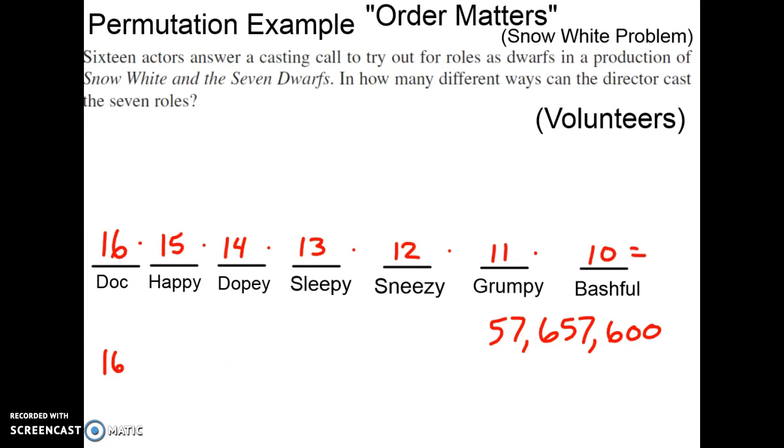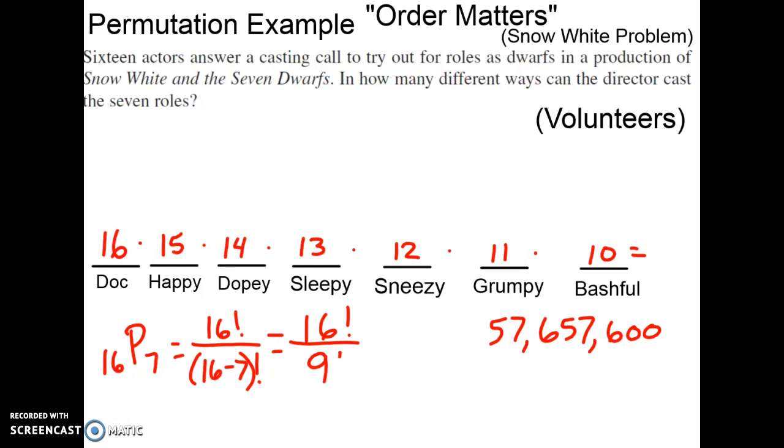We have 16 permutations 7, we're choosing 7. Okay, and so that would be 16 factorial over 16 minus 7 factorial. There we go. And so then we have 16 factorial divided by, 16 minus 7 is 9 factorial.